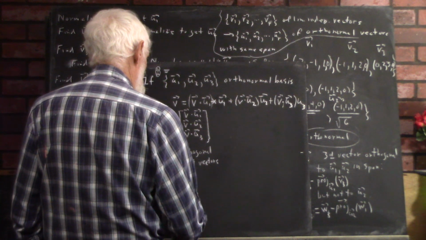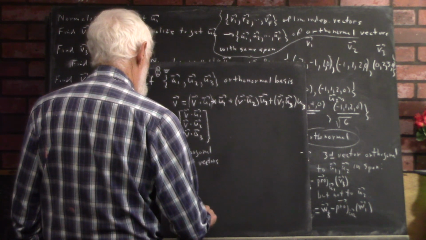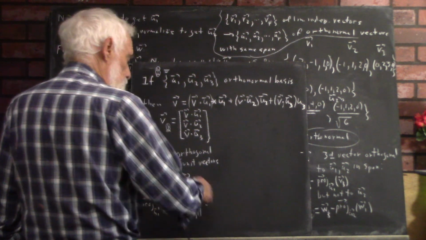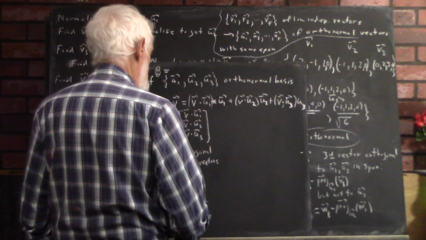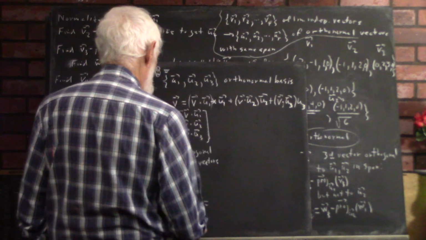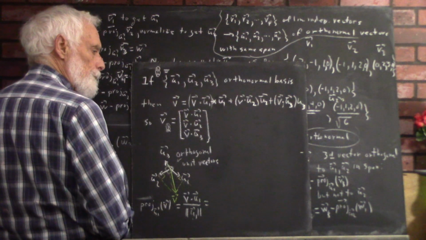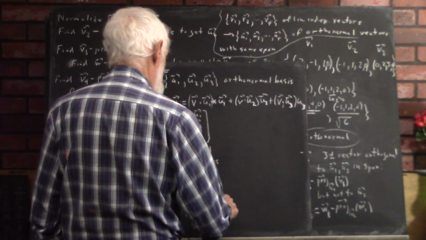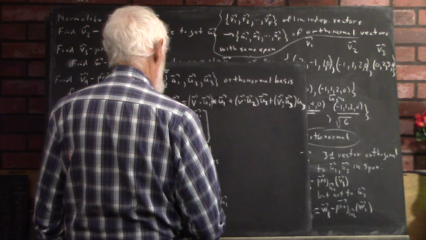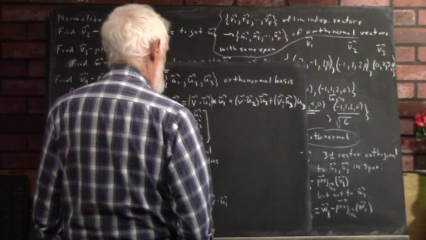It's v dot u1 over magnitude of u1. Now that's the picture we've drawn repeatedly, so hopefully you understand that. So we have v dot u1 over magnitude of u1, but u1 is a unit vector, so that's just v dot u1.